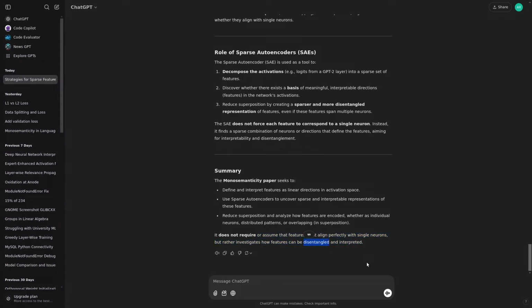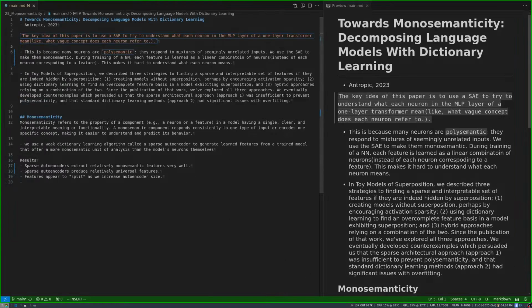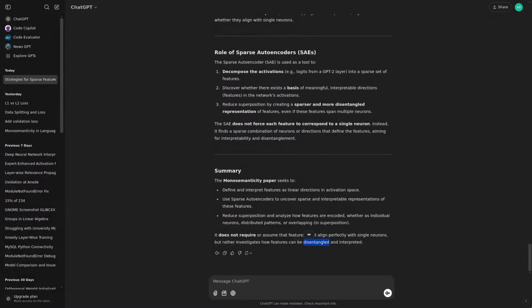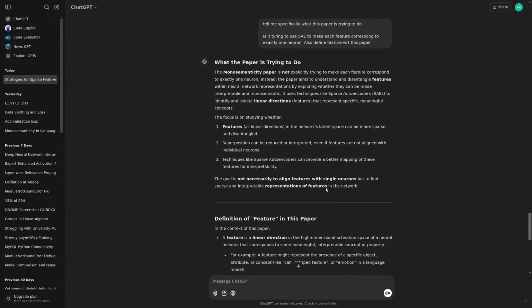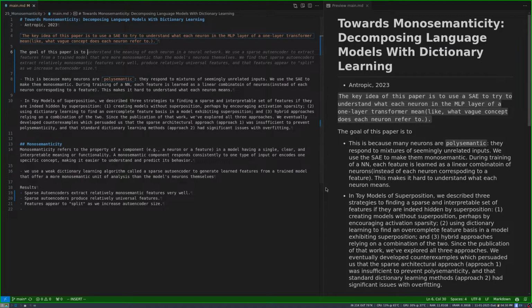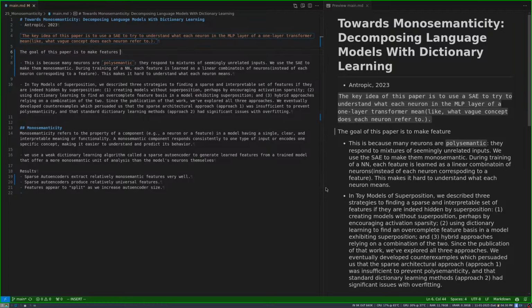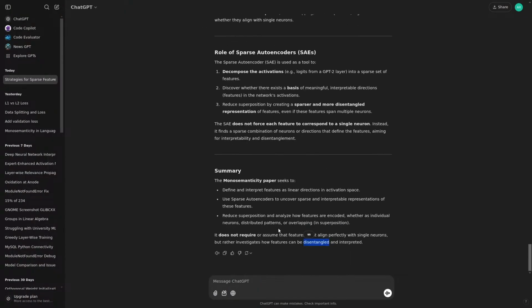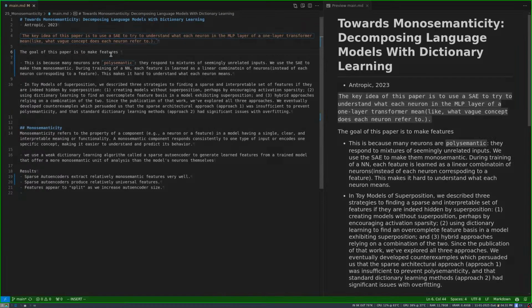Okay, the primary purpose of the paper is to disentangle. The goal of this paper is to make features disentangled.